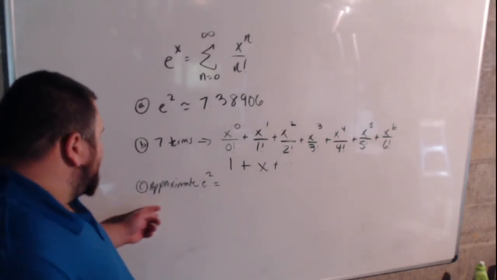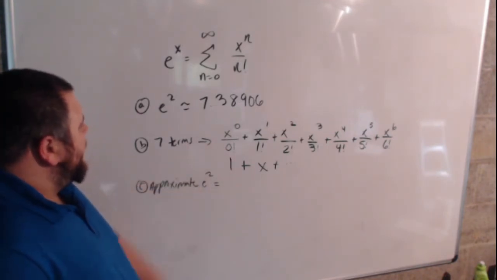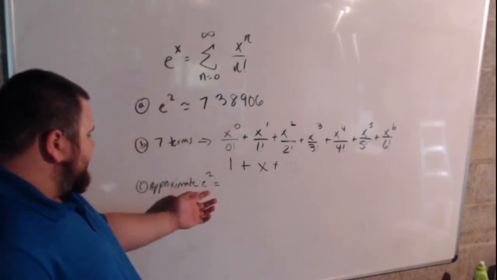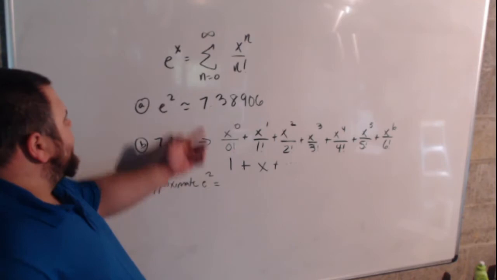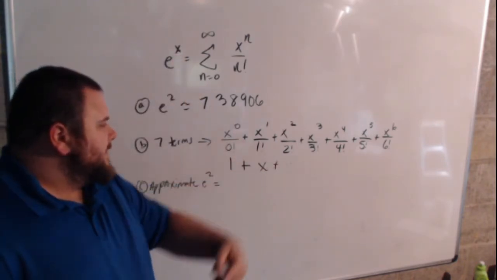So now it says approximate e squared using these terms. Well, this is a representation of e to the x. So how would we then approximate e squared? Well, we would just turn x into 2. So in all of these, let's plug in 2.